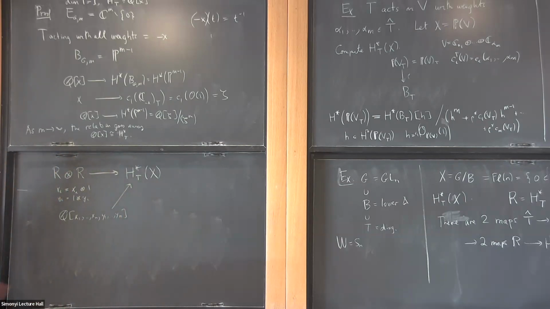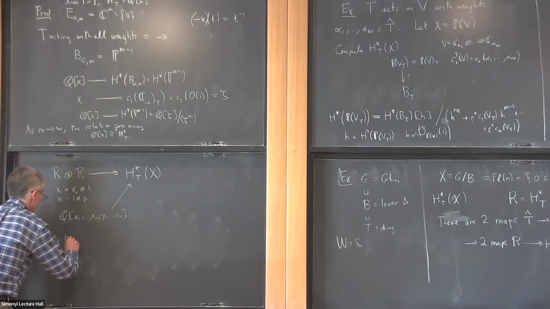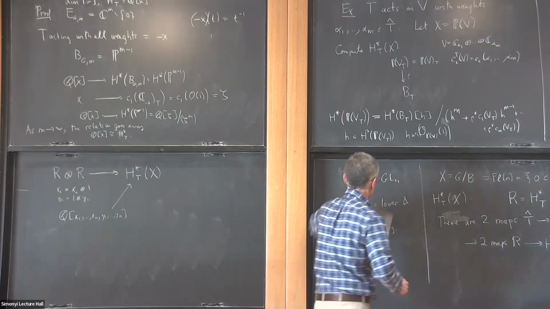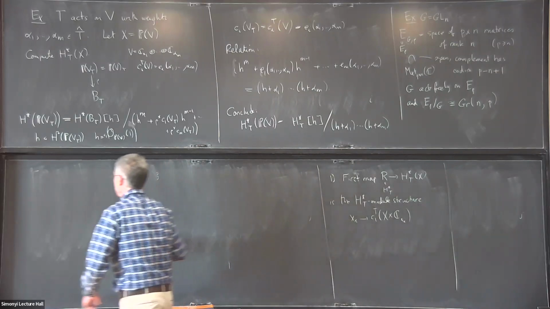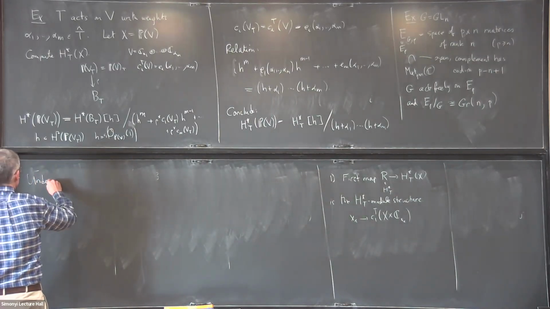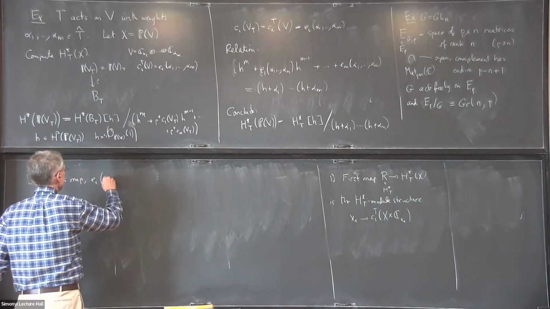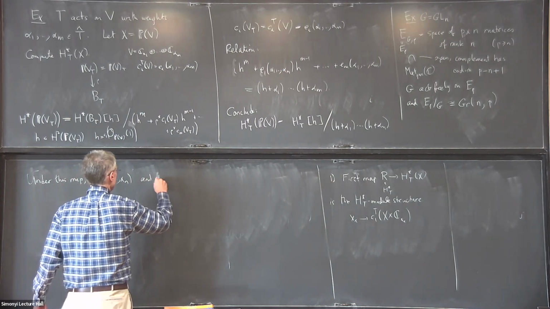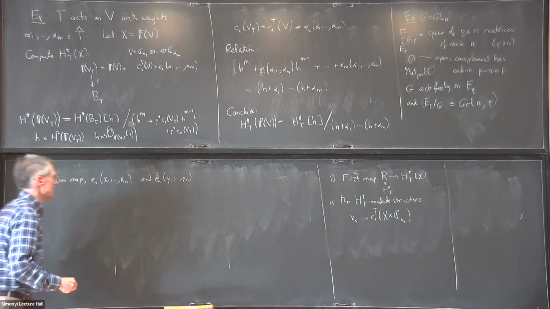Now it turns out that under this map, e_i of x1 up to xn and e_i of y1 up to yn have the same image.